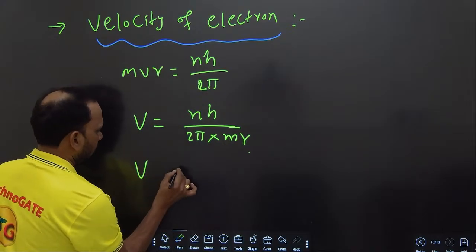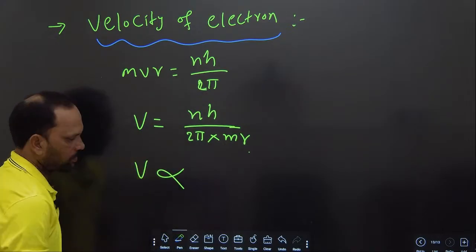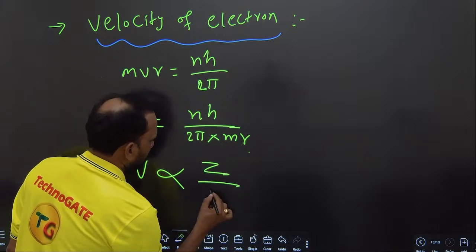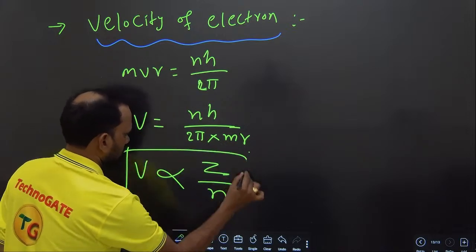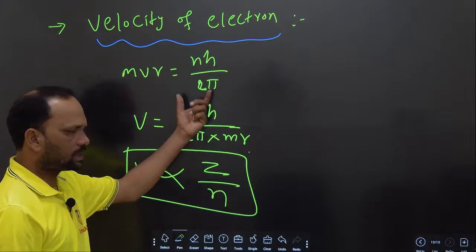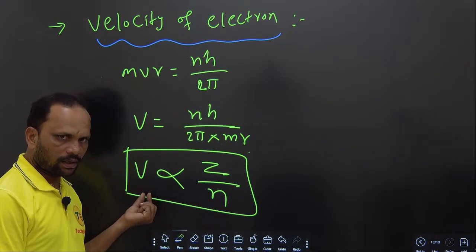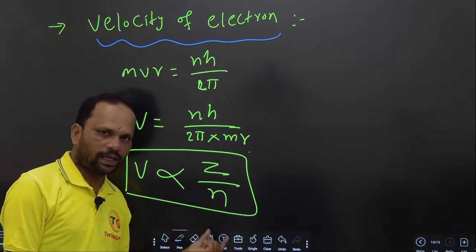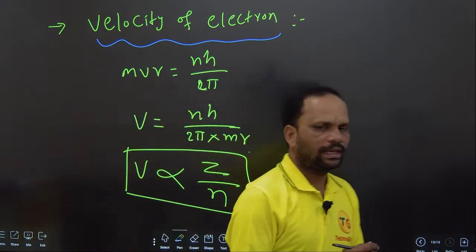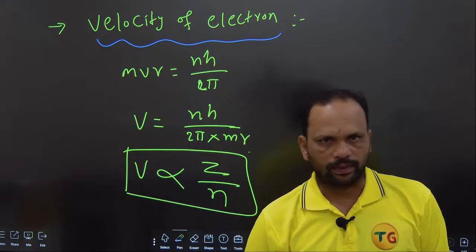V is directly proportional to Z by n. There is some derivation, but it is not required. The velocity of the electron in the orbit is proportional to Z by n. Z is the atomic number, n is the principal quantum number.